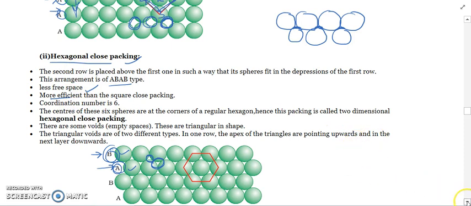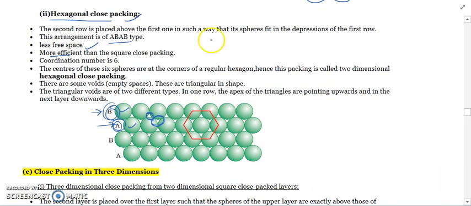Now, coming to coordination number. What is the coordination number for hexagonal close packing? Let us take a particular sphere X. How many spheres are its nearest neighbors? 1, 2, 3, 4, 5, and 6. There are 6 nearest spheres. Therefore, the coordination number of hexagonal close packing is 6.